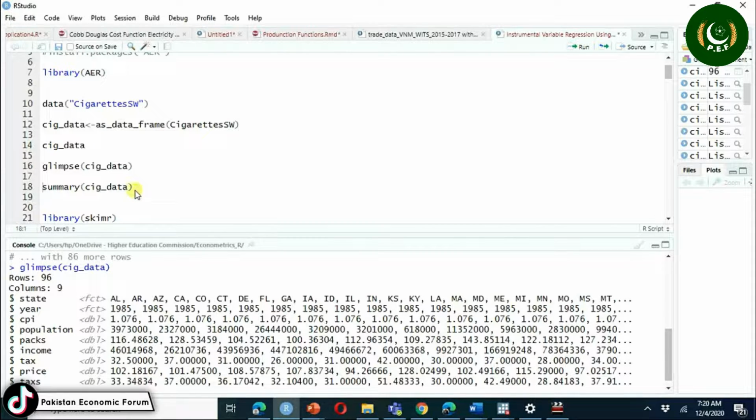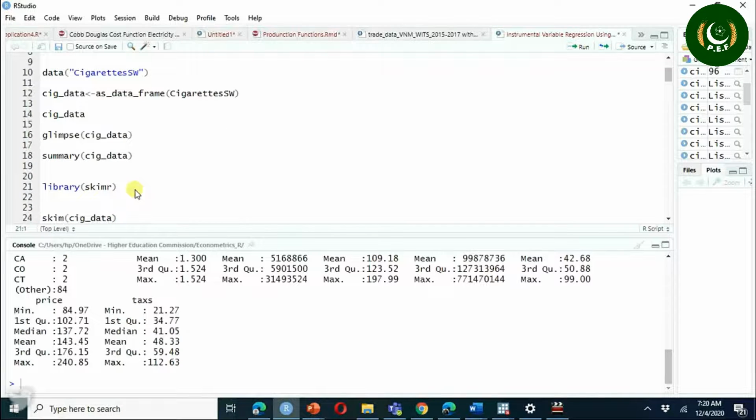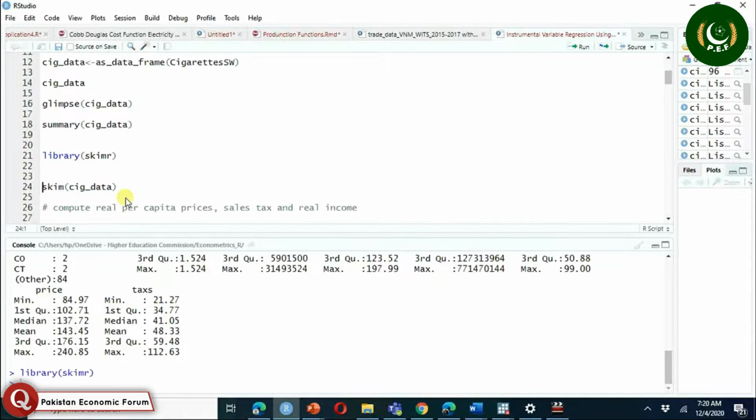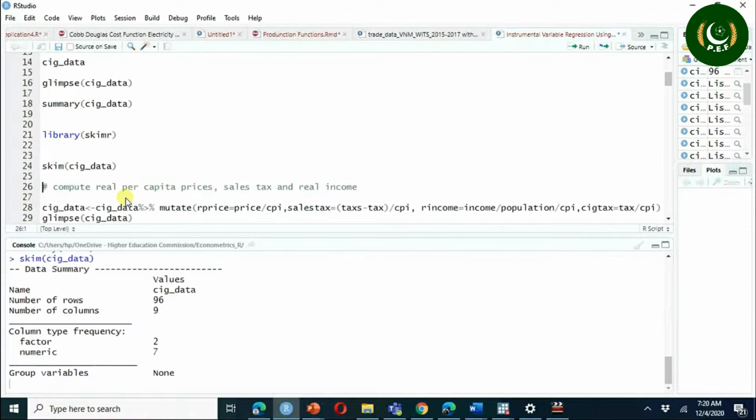You can have a summary of the data. Why do we need a summary? To find out the minimum value, maximum value, first quartile, and median. So all the summary statistics for all continuous variables are listed here. Another way of looking at this summary is an interesting library, library skimr.